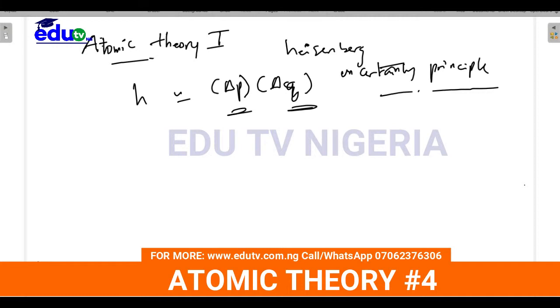And if we want to solve the problem of uncertainty, we need to talk about the Schrödinger equation, which is beyond this course. In higher levels of chemistry we'll talk about that.